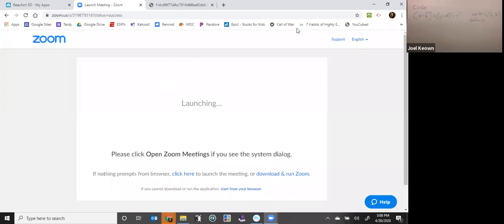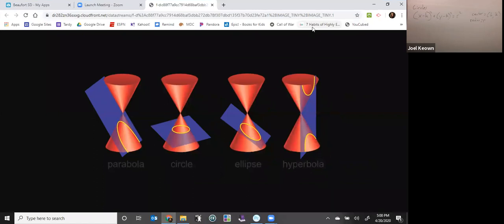The first thing we're going to look at is why we call these conic sections. This little hourglass looking thing is called a conical surface. There are 4 different ways I can slice it. I can slice it diagonally, and it makes a parabola.